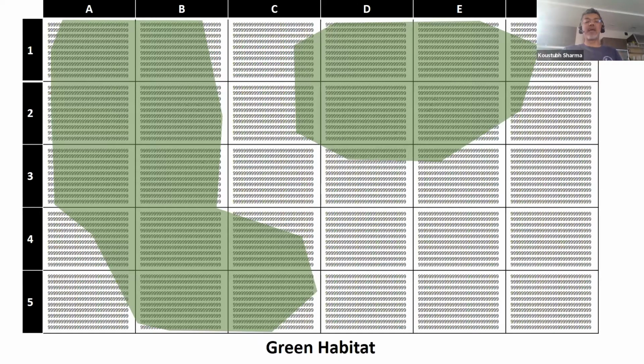But let's say there is a habitat which is a green habitat. Now this green could be pasture, this green could be forest, and the white habitat is a gray habitat. Just call it anything like non-habitat. Now your study area is divided in these two types of habitats. It's very important to remember, you might recollect that we mentioned that there is a homogeneity assumed within the site of our interest.